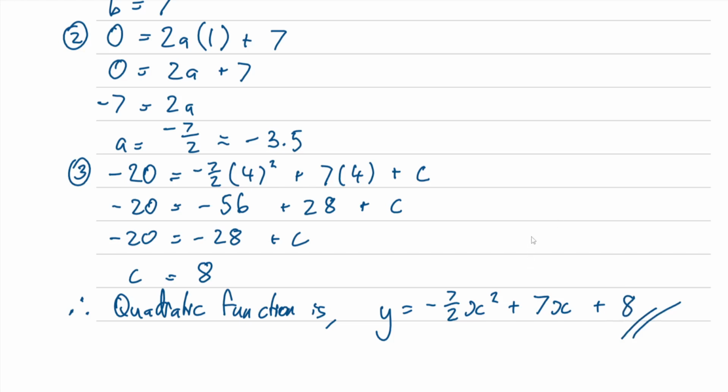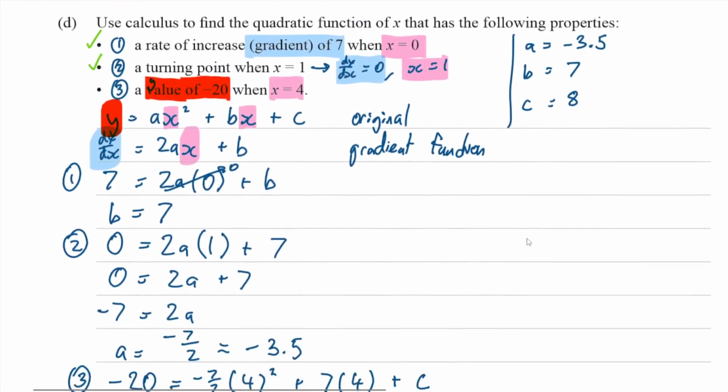So let's quickly go over this question. So we were asked to find the equation of a quadratic function. We were given 3 bits of information, which we had to turn into 3 different equations and solve for the unknowns. Thankfully, they put it in a nice order so that we gradually built up the solution.